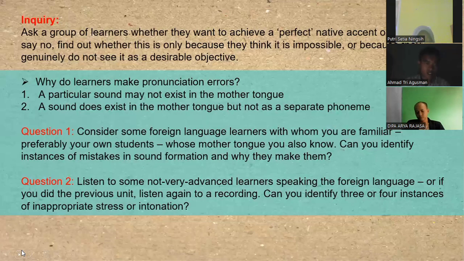So, question number one. Consider some foreign language learners with whom you are familiar, preferably your own students whose mother tongue you also know. Can you identify instances of mistakes in sound formation and why they make them? For example, the sound doesn't exist in their own language or exists only as an allophone.